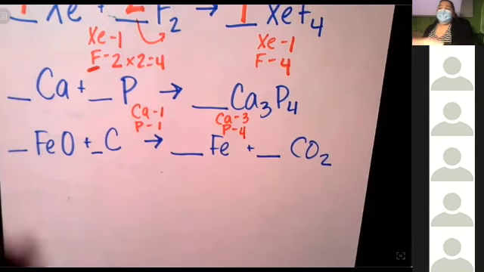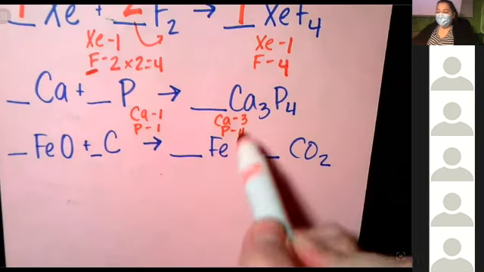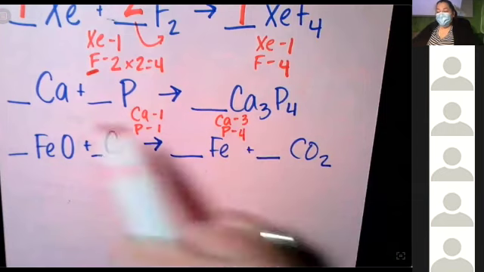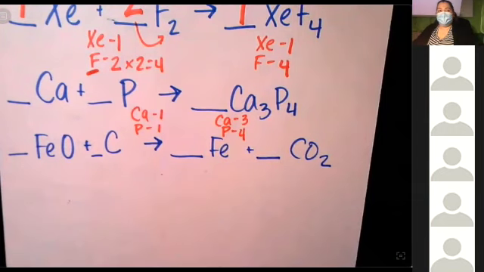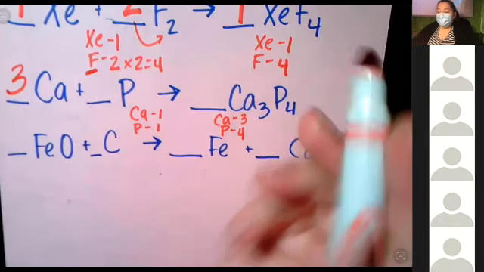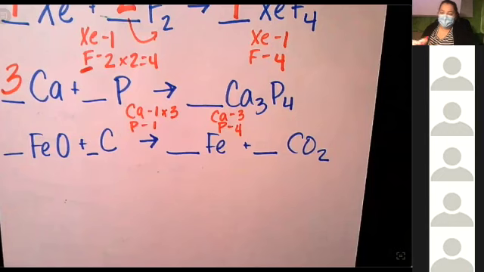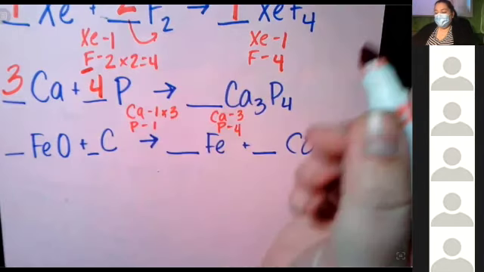This one is easy because on the reactant side, they're just 1. So if I have 3 Cas over here, what is our coefficient for Ca on the reactant side? 3, because when we put that 3 there, that's saying that we had 1, but now we actually have 3. And then what would it be in front of P? 4, yes, exactly.